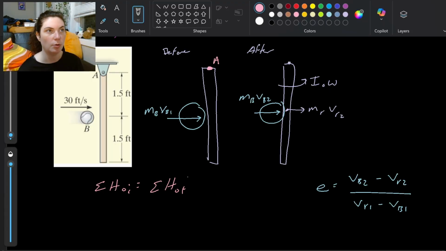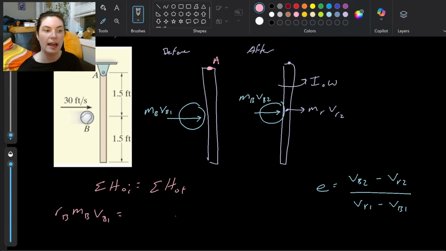So my angular momentum is R times M times V, radius times mass times velocity. In this case, I'm going to have RB, that's the distance from A to B, MB, VB1. Those are the only things causing any momentum in the system in the before.